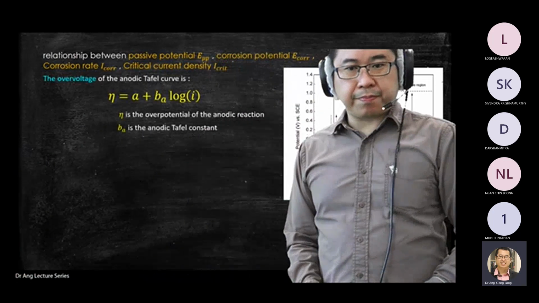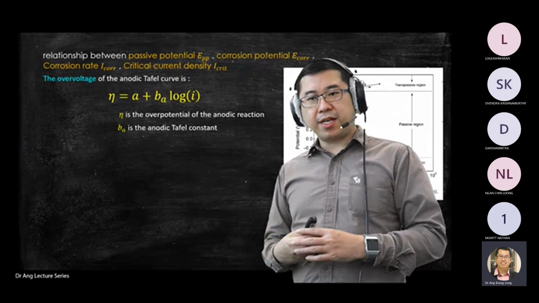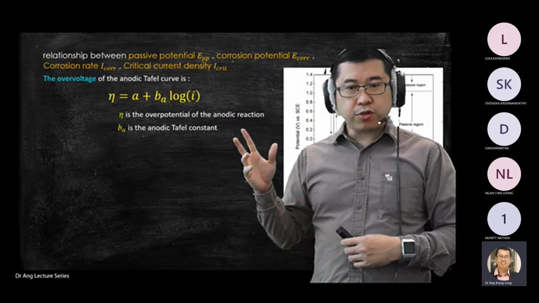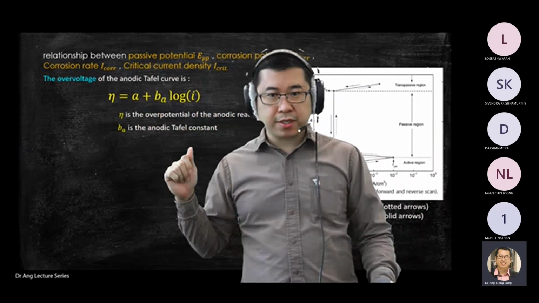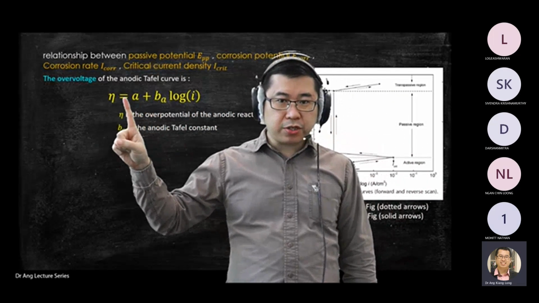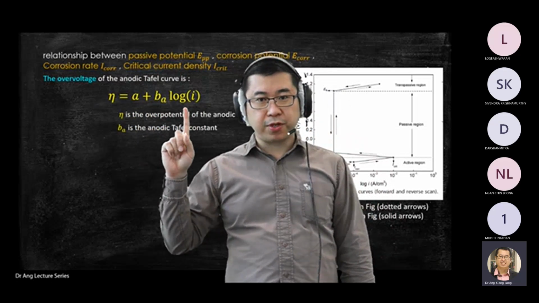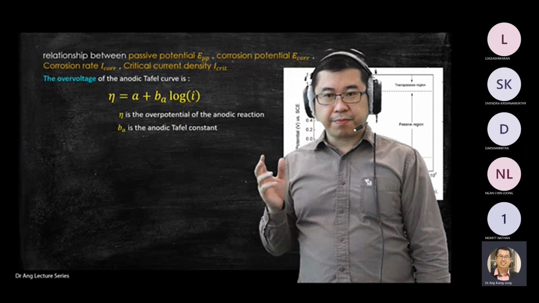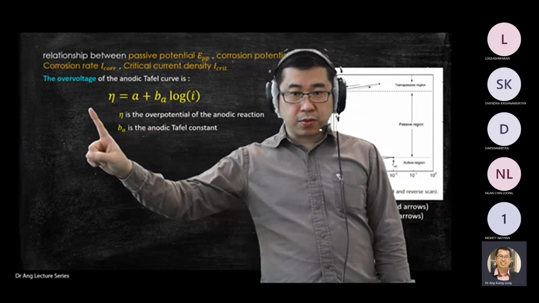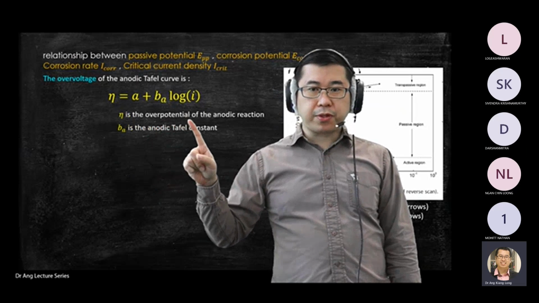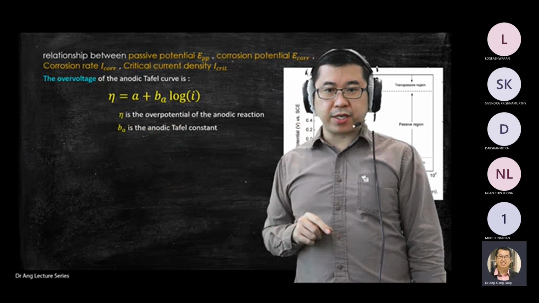To tell the relationship between these four parameters, we use the Tafel equation: overpotential equals A plus B log I. That is what we learned when we derived the equation in the previous lecture. On the left-hand side, eta is the overpotential of the anodic reaction.